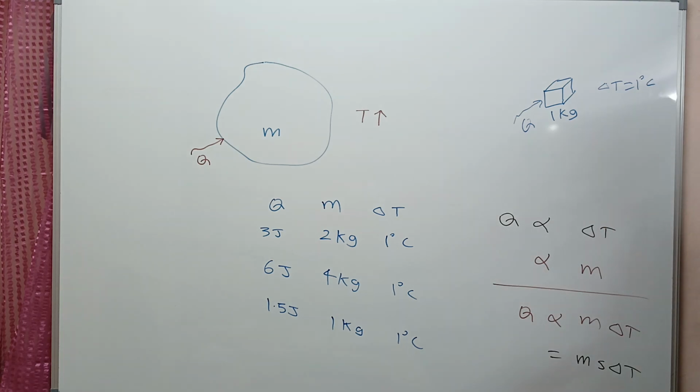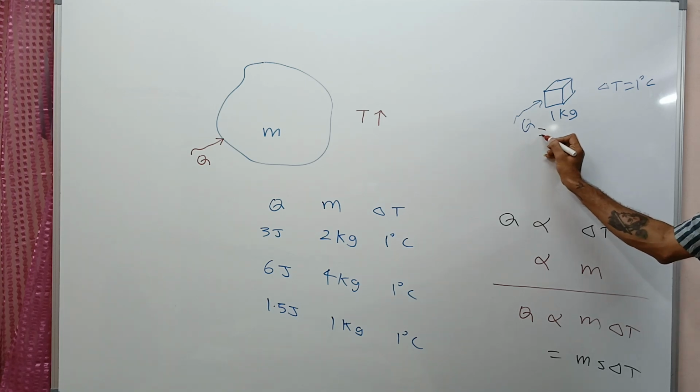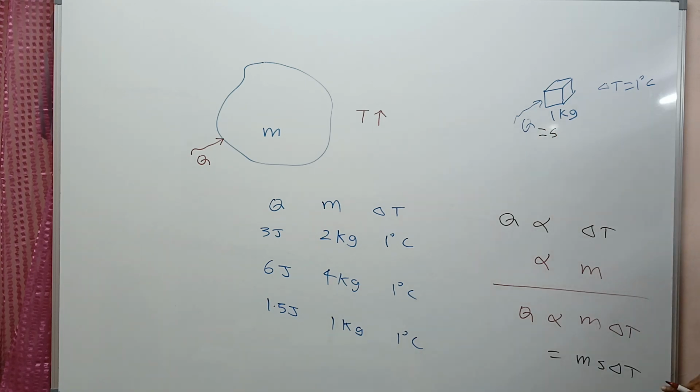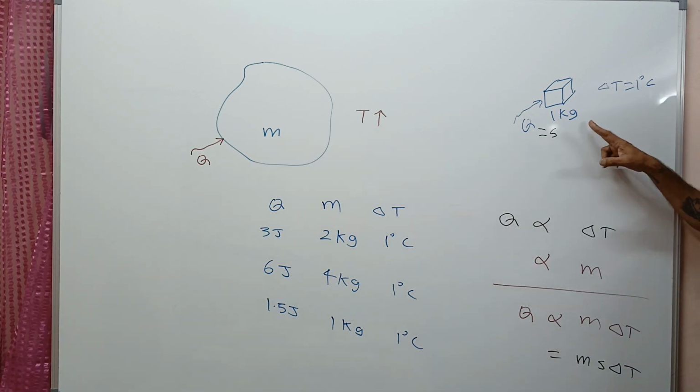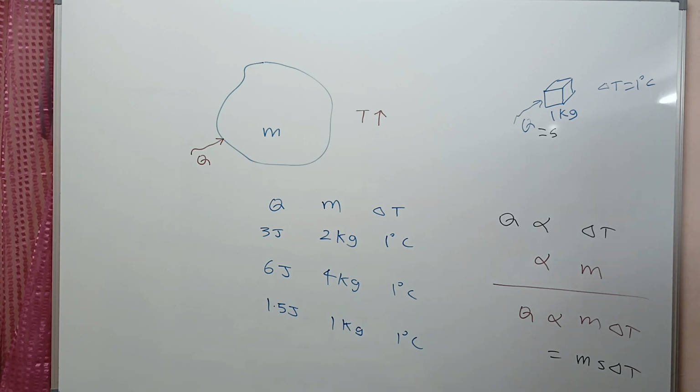This amount of heat is nothing but the specific heat of the body. In this relation, if you put the mass as 1 kg and the temperature rise as 1 degree Celsius, we get Q equal to S. So this is one way of understanding the specific heat of the body. It is the amount of heat required to raise 1 kg of the material by a temperature of 1 degree Celsius.